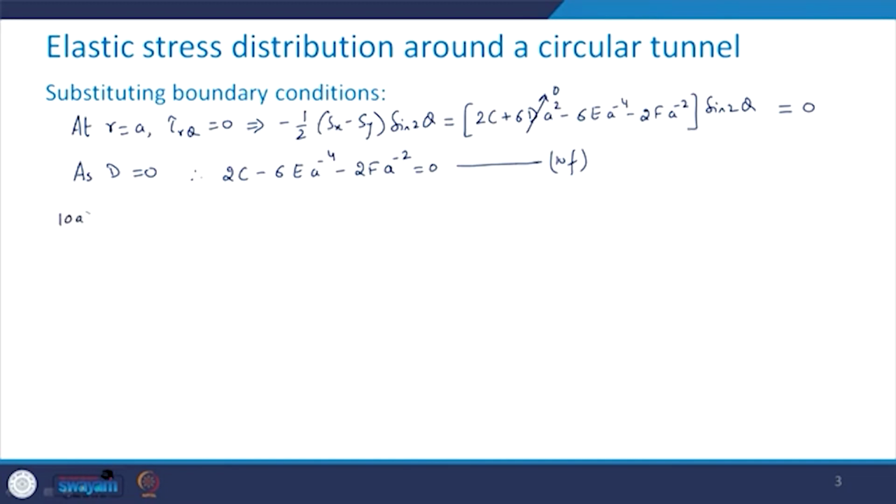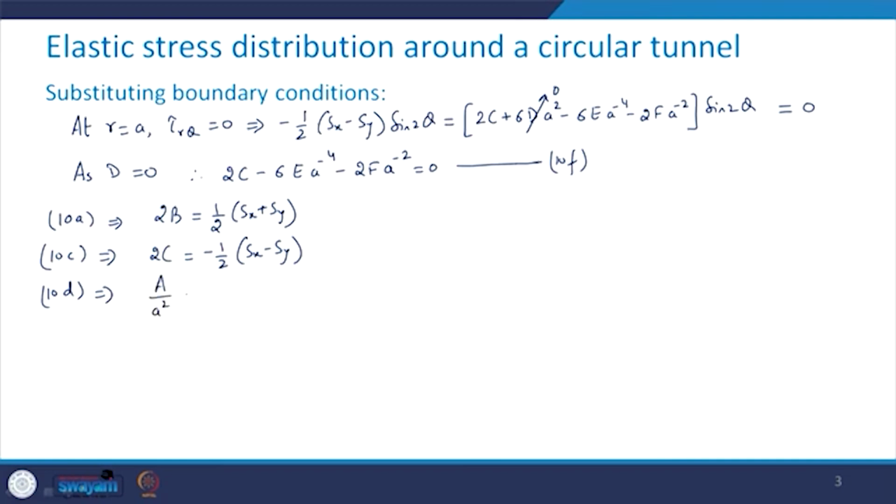We had equation 10a as 2b equal to half Sx plus Sy. Then we have equation 10c as 2c equal to minus half Sx minus Sy, and from equation 10d we can write that A upon a square plus 2b is equal to 0.